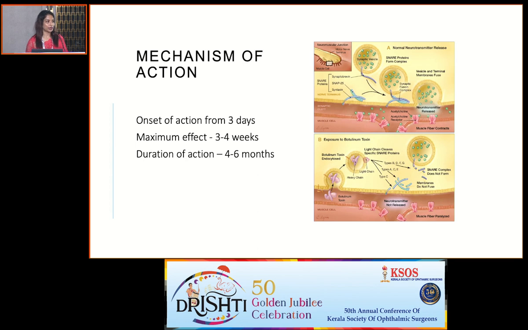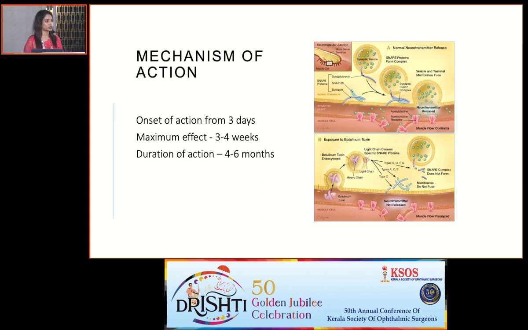Looking at the mechanism of action, it acts at the presynaptic neuromuscular junction, where it integrates with the presynaptic vesicles and prevents the release of acetylcholine, which prevents the neuromuscular transmission, thereby causing a neuroparalysis in that region.